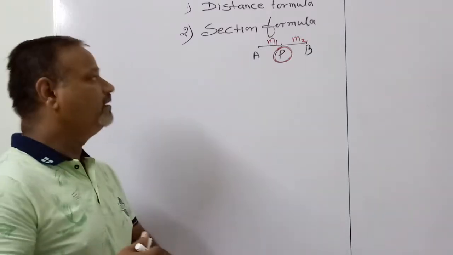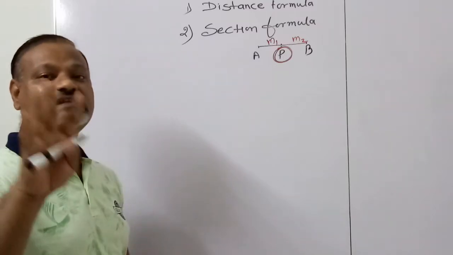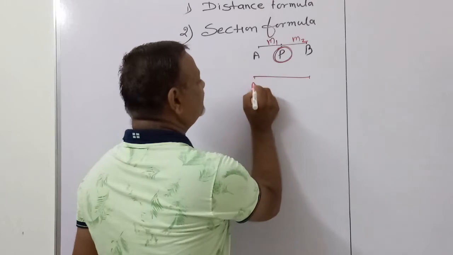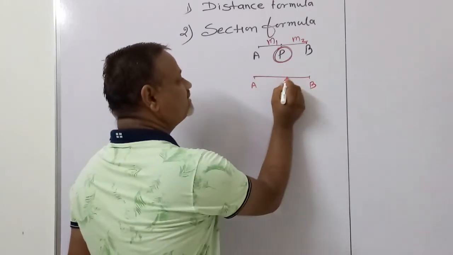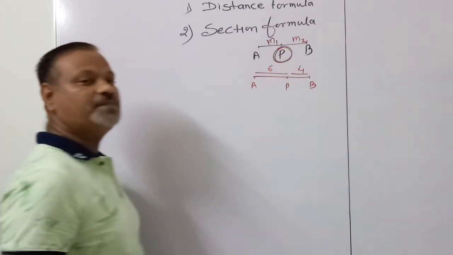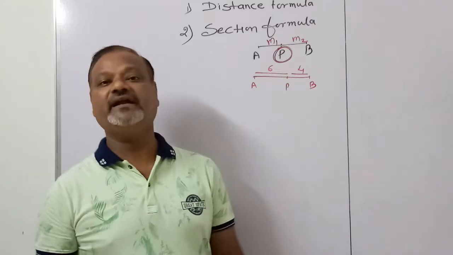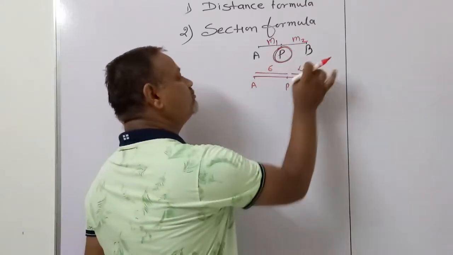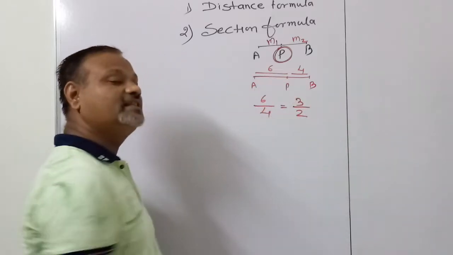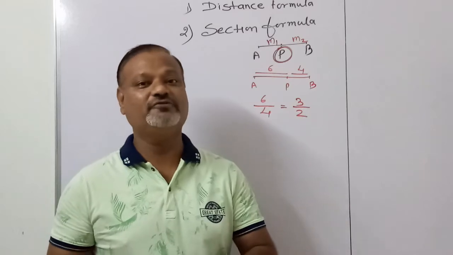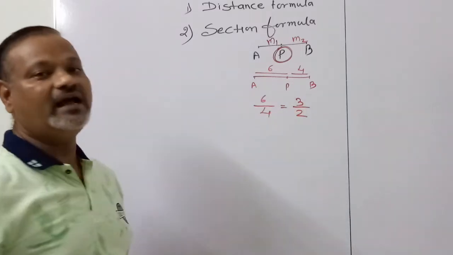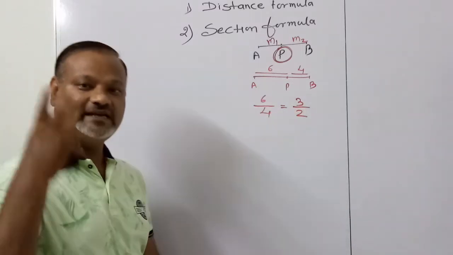For example, if AB has 10 centimeter distance, this is A and this is B. Now this is P. This distance is 6 and this distance is 4. It means that P divides the segment AB in the ratio 3:2. Why 3:2? Because 6 upon 4 is nothing but 3 upon 2. So all this information we will understand in the section formula, that is the second part.